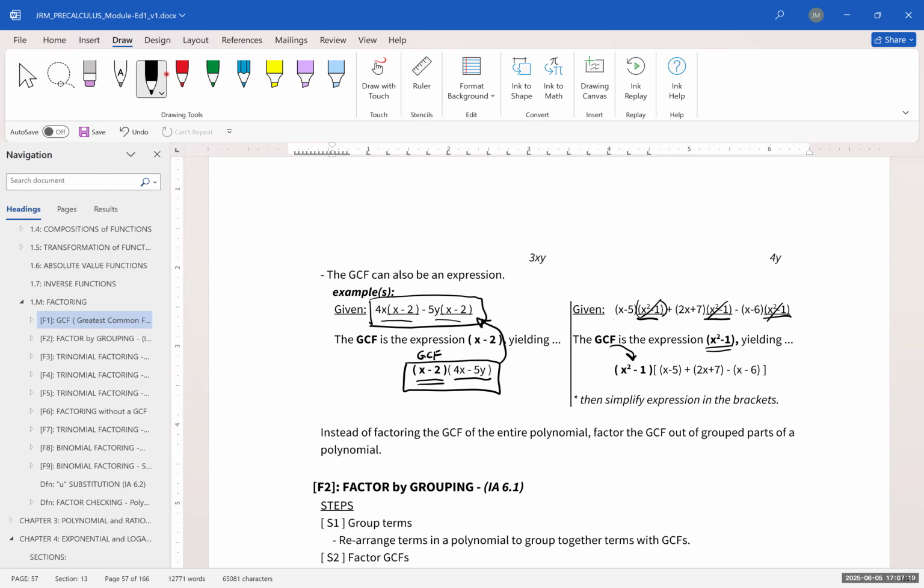And what we have left is going to be (x minus 5) plus (2x plus 7) minus (x minus 6). All right, and then what we would do next is simplify what we've got here. But this is how you can use just this simple greatest common factor in even more advanced looking polynomials or expressions.